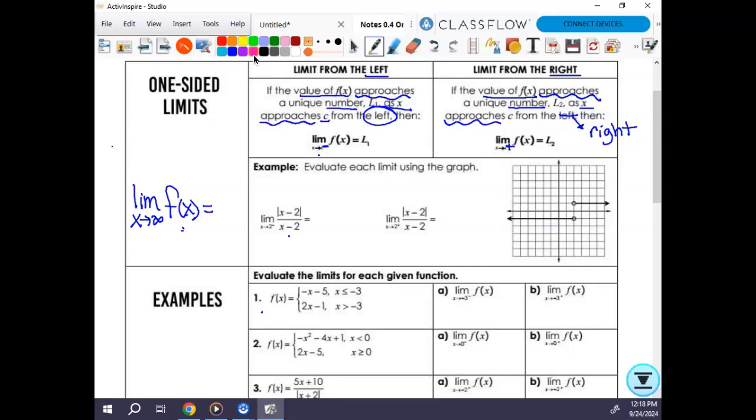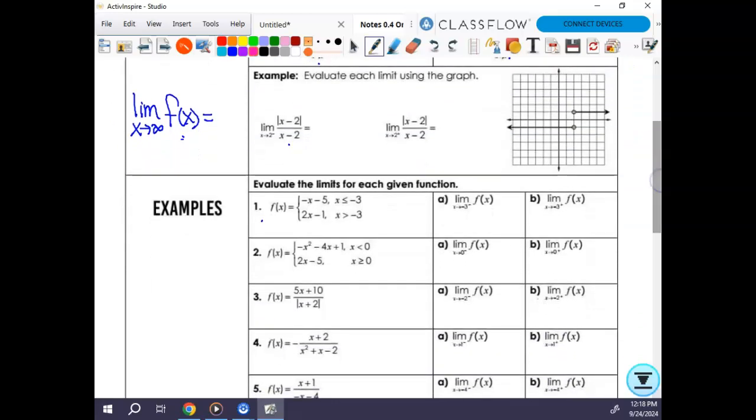This says evaluate each limit using this graph. So I'm evaluating the limit as x approaches 2 from the left. As x is approaching 2 from the left, I can't even draw a straight line. What is y approaching, do you think? -1.